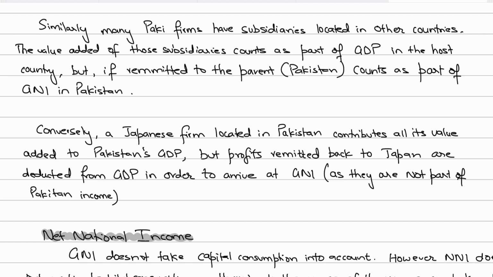But since I said that the value added is equal to the factor incomes, if those incomes are remitted back to the country, let's say, if I copy this example and paste it over all the firms under different industries in USA that are operating in USA but belong to Pakistan, and if they remit back their incomes, obviously that's part of Pakistan's GNI, so it will be added to the GDP of Pakistan to arrive at GNI, right?